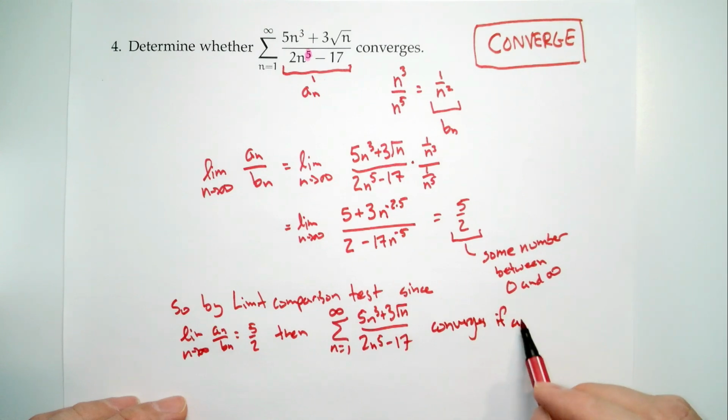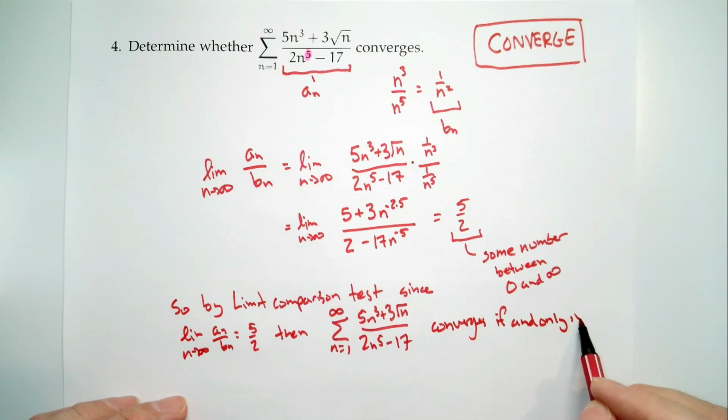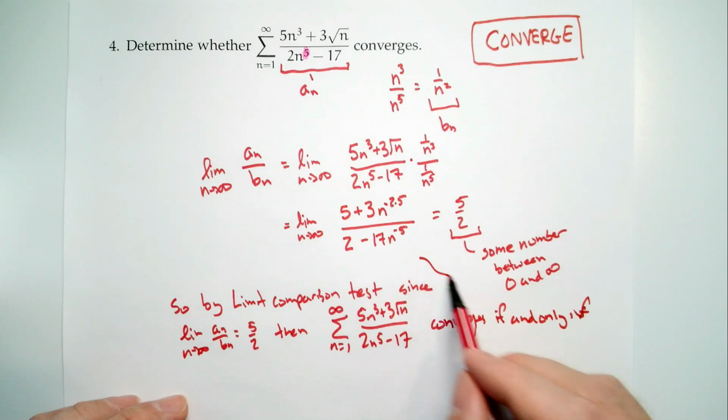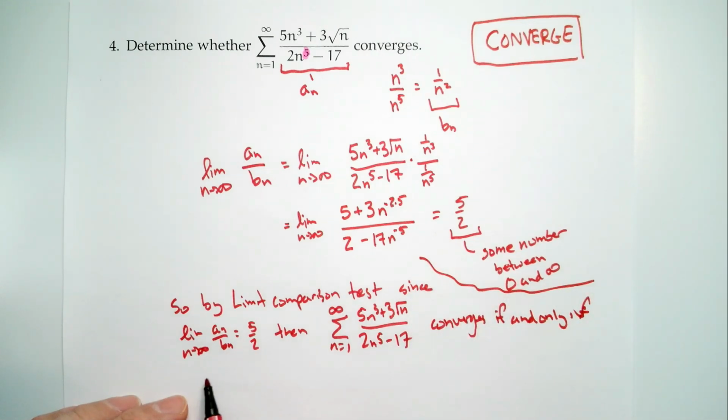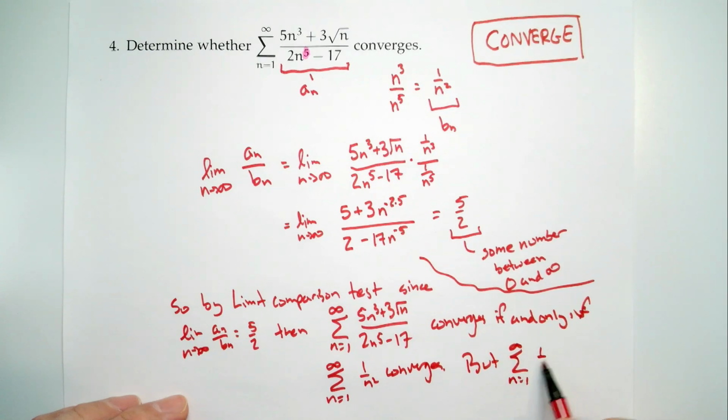If and only if the sum from 1 to infinity of 1 over n squared converges. But what do we know? The sum, n equals 1 to infinity, of 1 over n squared is a p-series, which does converge.